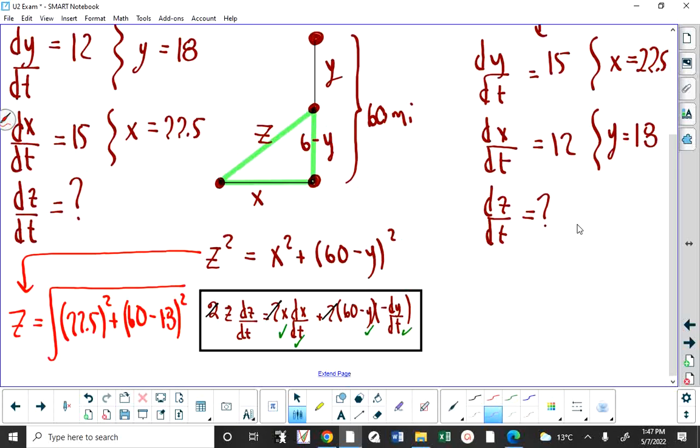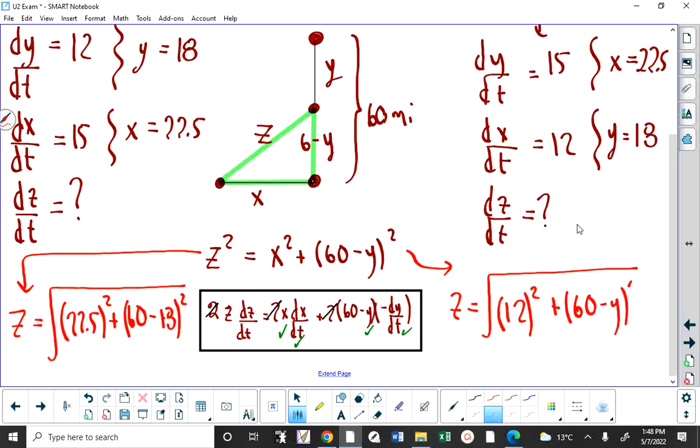If you happen to have exam version 2, you would get z equals the square root of x squared, and x is 12 in version 2, squared, plus 60 minus y squared, and y has a value of 22.5.